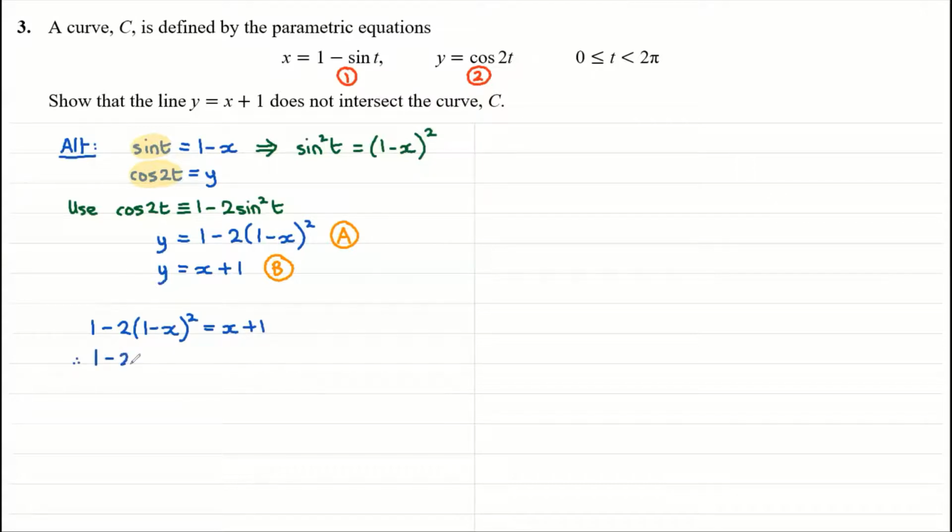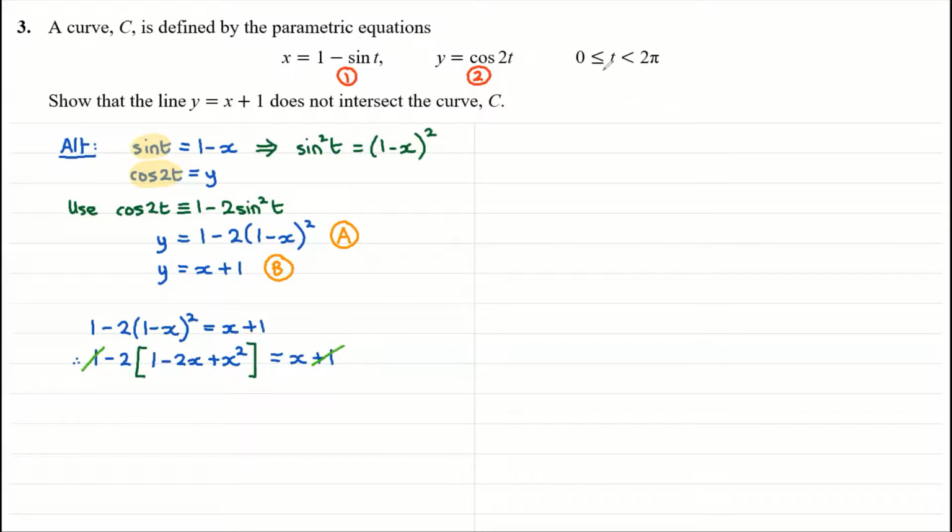So 1 subtract 2 lots of, I'm just going to open a big square bracket here, so we don't get muddled up. So it's going to be 1 subtract 2x plus x squared when you expand all that. And all of that is being multiplied by -2. So just close the square bracket, is equal to x plus 1. All right, and then we'll notice, of course, the ones on either side will cancel out. We've got 1 there gone, and that's gone as well.